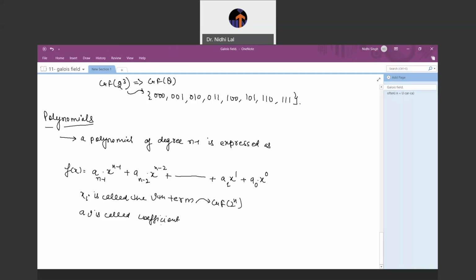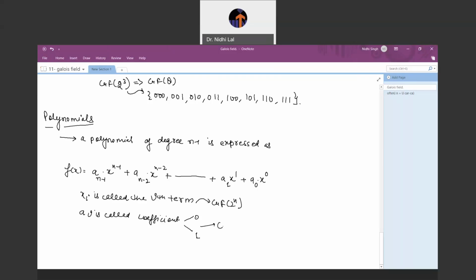And a_i is called the coefficient, and the value of the coefficient should be either 0 or 1, because we are talking about binary operations, as we want to store certain things in our computer. So binary representation is 0 and 1. We have the coefficient value stuck between two values, 0 and 1.